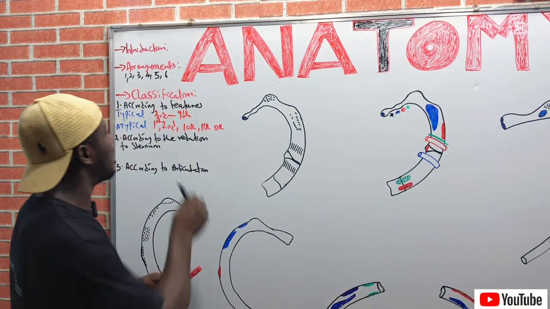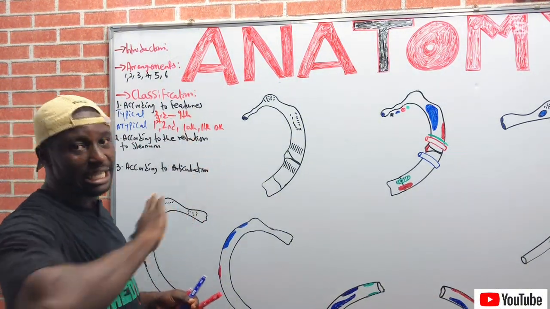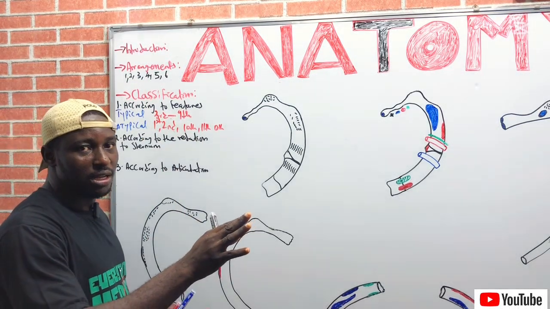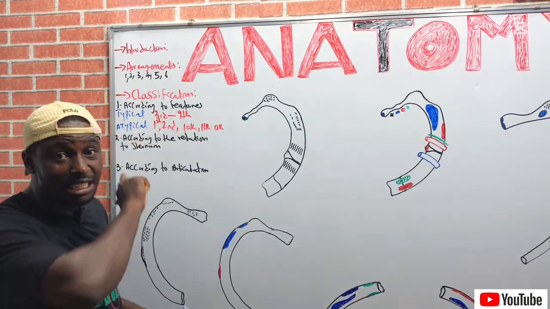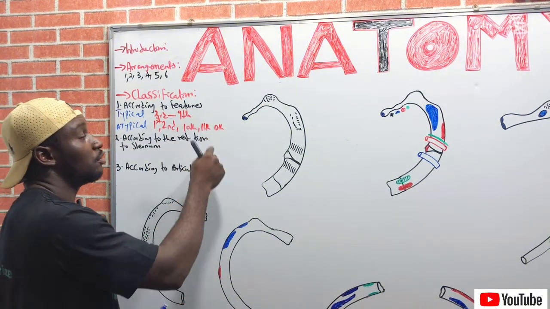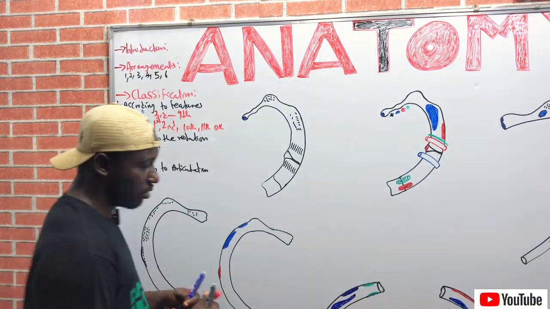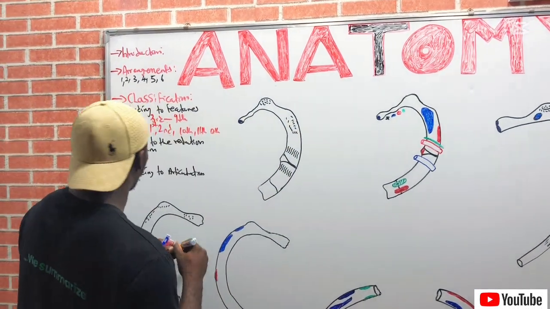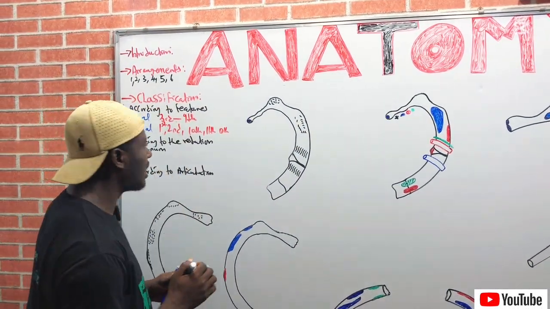The features of the typical ribs from the third to ninth rib are the same, whereas the features of the atypical ribs vary. The features of the first rib are quite different from the features of the second rib. Likewise, the 10th, 11th, and 12th. That is how they are fashioned. The next is according to the relation to the sternum, right?